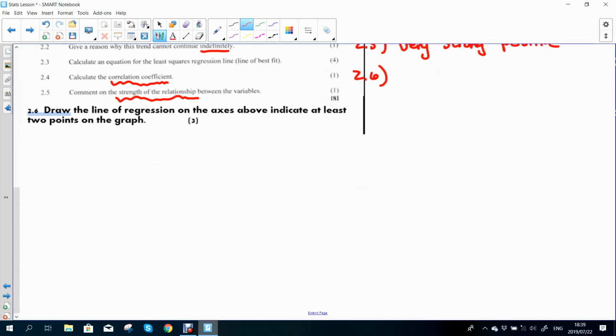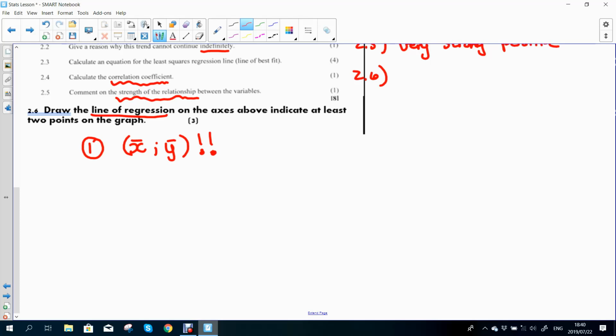If they ever ask you to draw in the exact line of regression, I need you to test 2 things or 3 things for me. The first thing that you will need to figure out is what is the mean for your x's and what is the mean for your y's. And together, that must be your first coordinate to use.